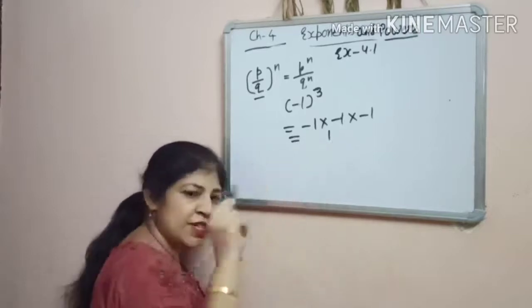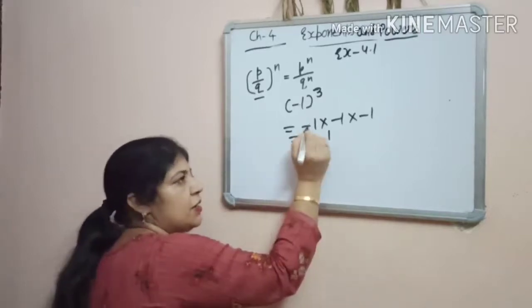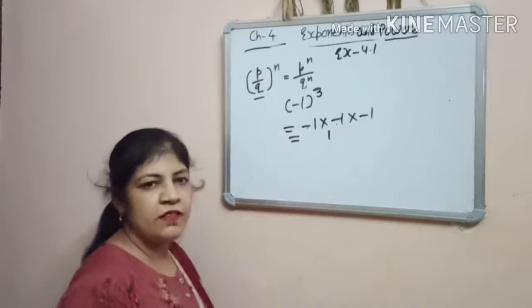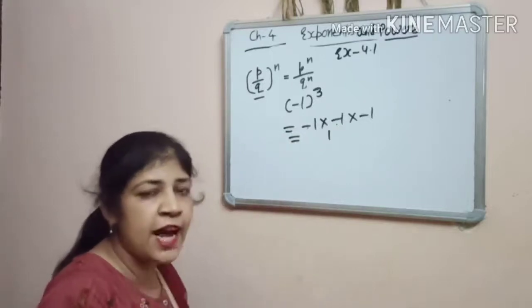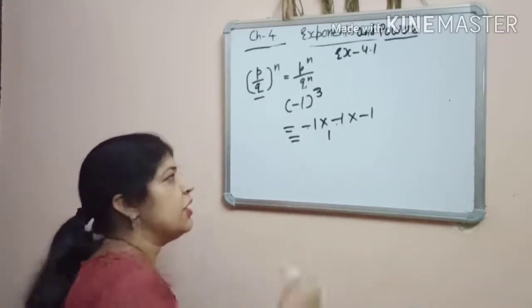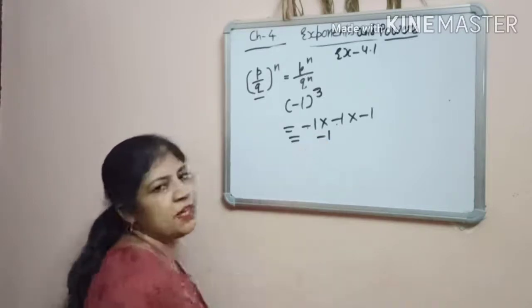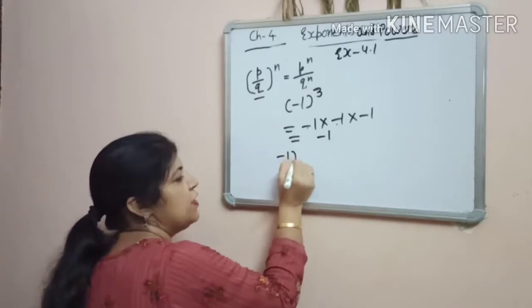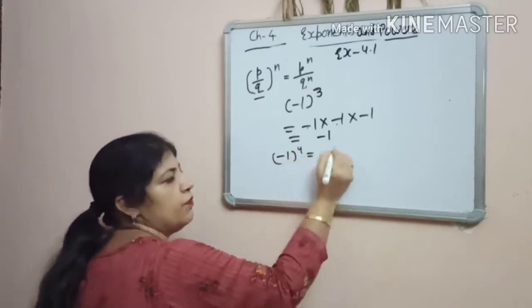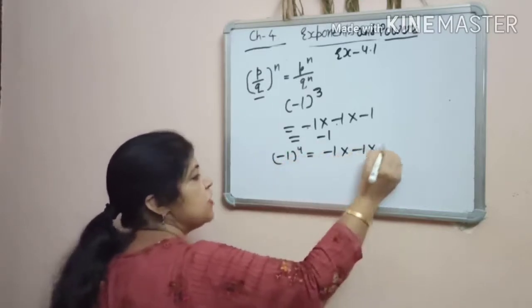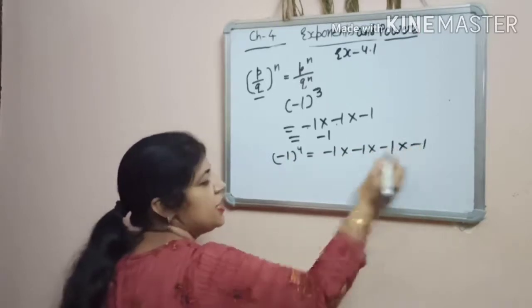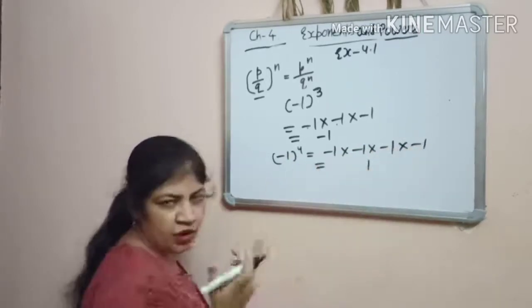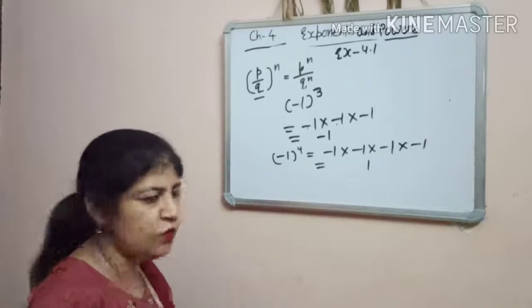Then come to the sign. Here 3 minus signs. If the minus sign comes an odd number of times in multiplication, then you will put a minus sign here. Same, if minus 1 raised to the power 4, minus 1 into minus 1 into minus 1 into minus 1, you will get 1 in magnitude.